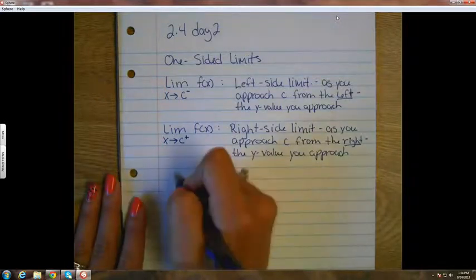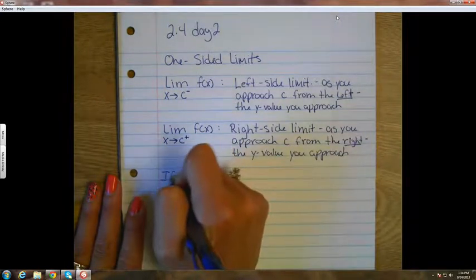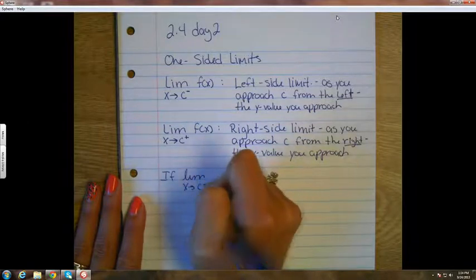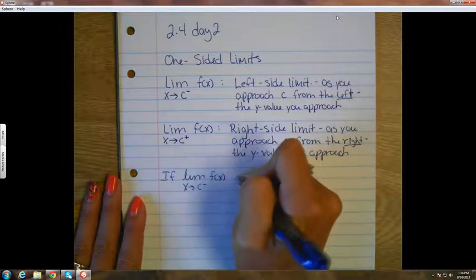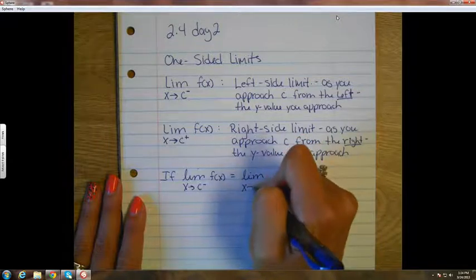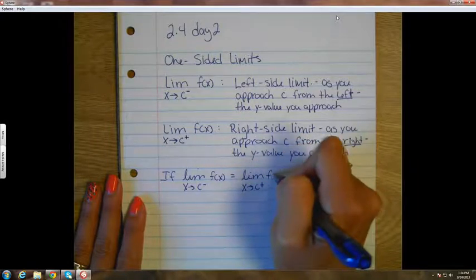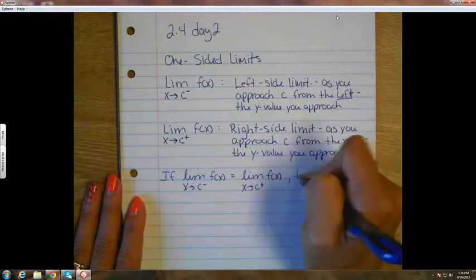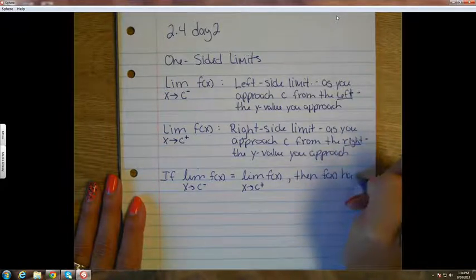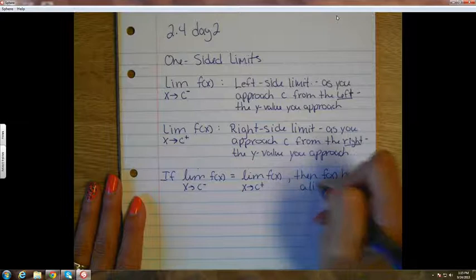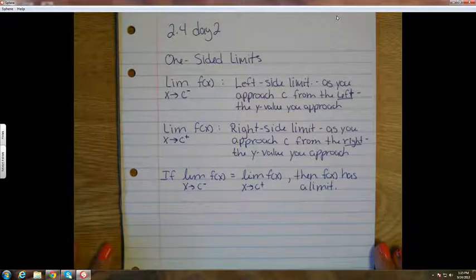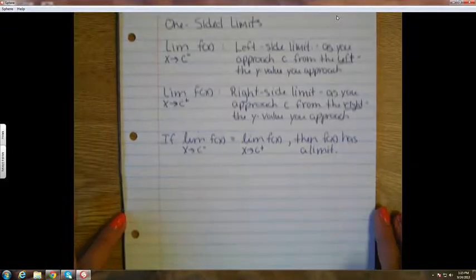So if the limit as x approaches c from the left of a function is equal to the limit as x approaches c from the right of the same function, then the function has a limit. Okay. So if the left and right are the same value, then you've got yourself a function with a limit.